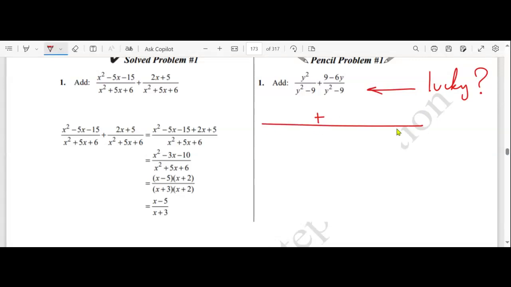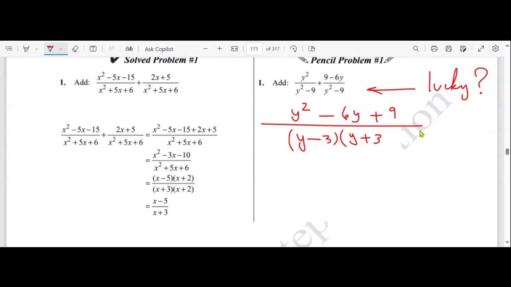So all you have to do is just write y squared minus 9. And I can factor this, it's going to be y minus 3, y plus 3. What about the top? You have y squared plus 9 minus 6y. So I just want to put it in order so it will look better.